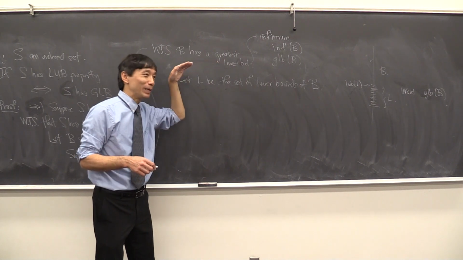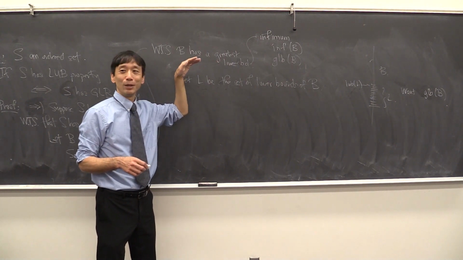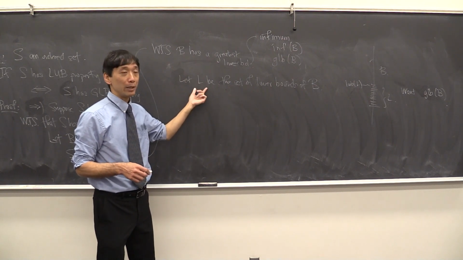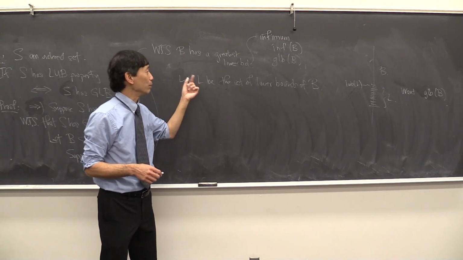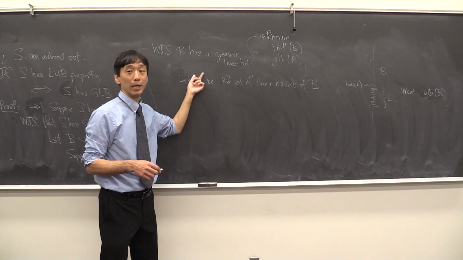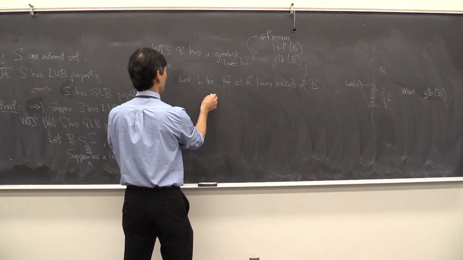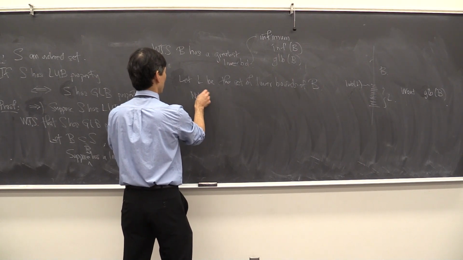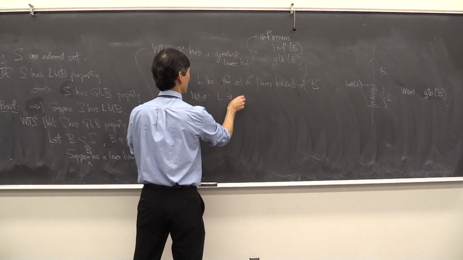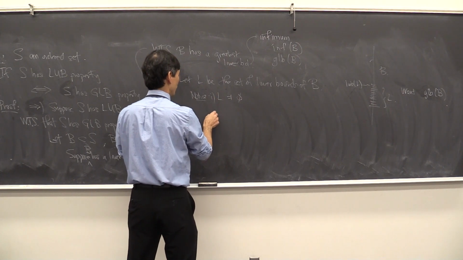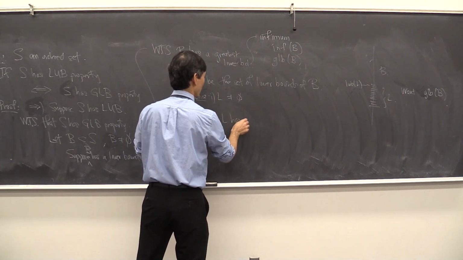Everybody all right? Julie, you okay? Yeah, okay. So in order to apply it, we need to show, one, that L is non-empty, and two, that L has an upper bound.